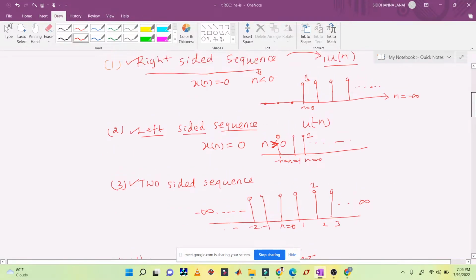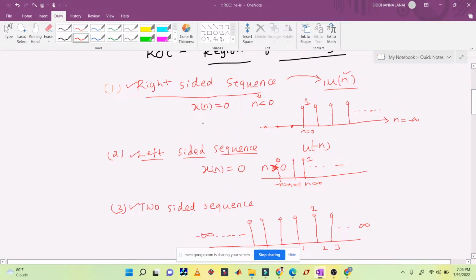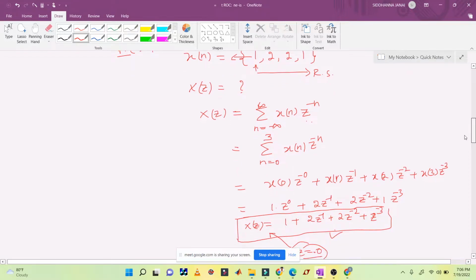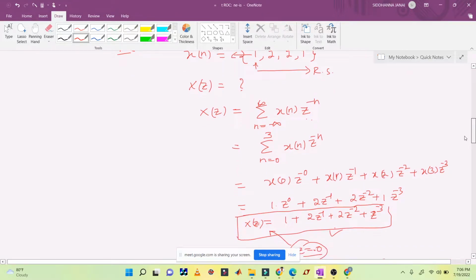Then right-sided sequence, left-sided and double-sided sequence.